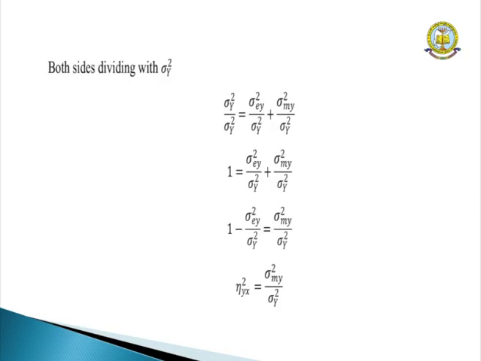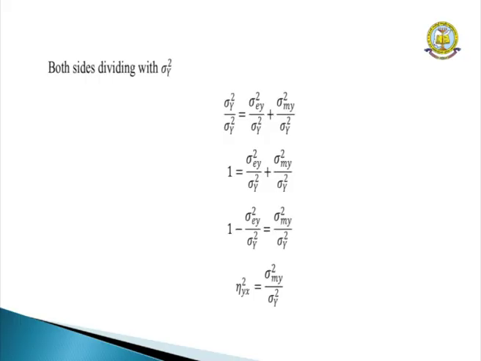So, on both sides I can divide by sigma square y. If we divide both sides, the nature of the equation does not change. I do this because I would like to establish the relation of y on x.